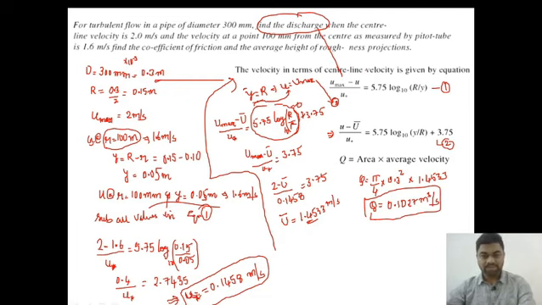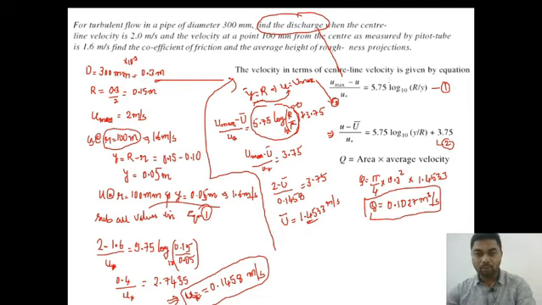So after finding the discharge, now let us find the coefficient of friction and the average height of roughness projections. For this we need the values of average velocity and shear velocity.